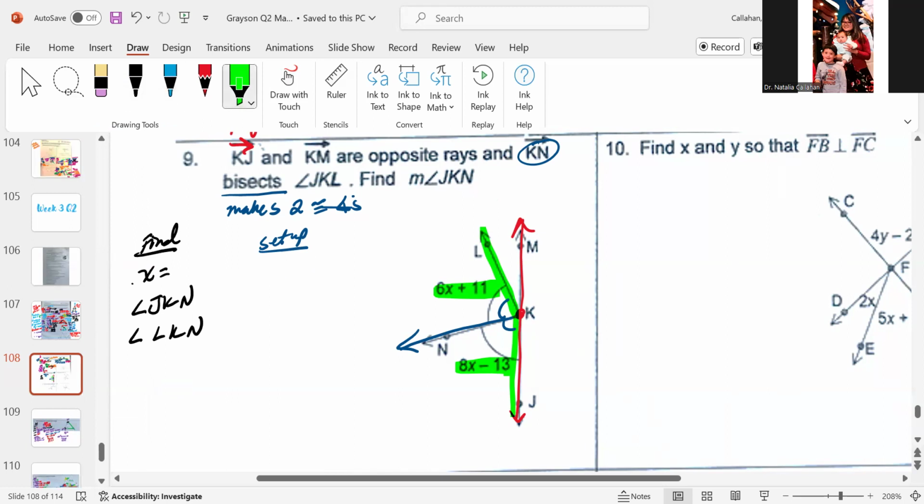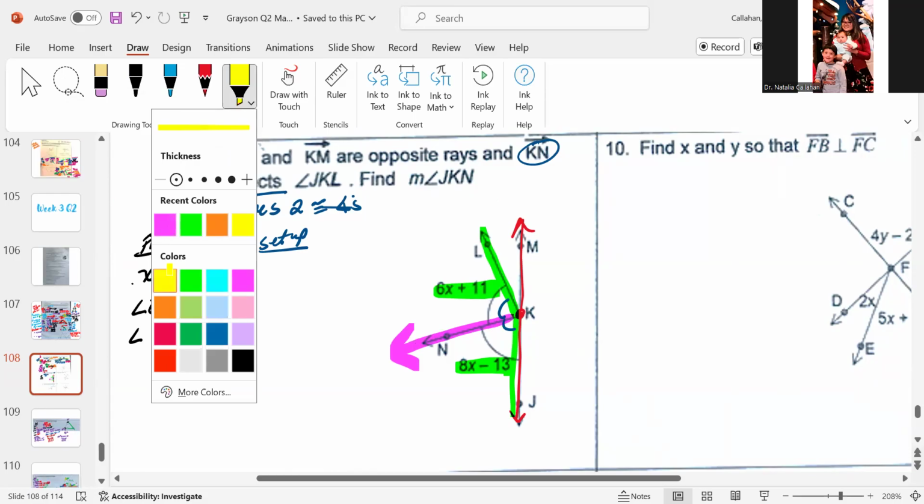Okay, we just talked about this. Didn't we say that KN bisects angle JKL? So essentially, this pink ray bisects that green angle, right? So then what does that make these two yellow angles?